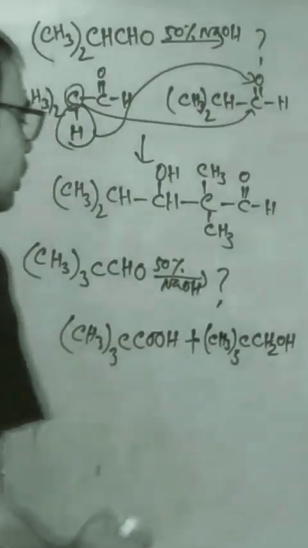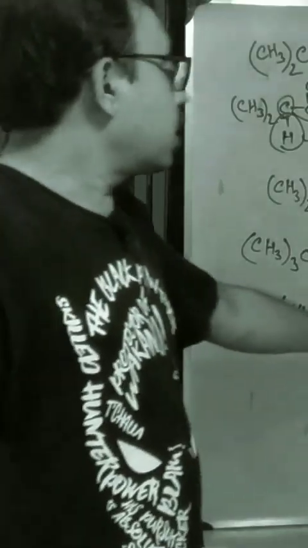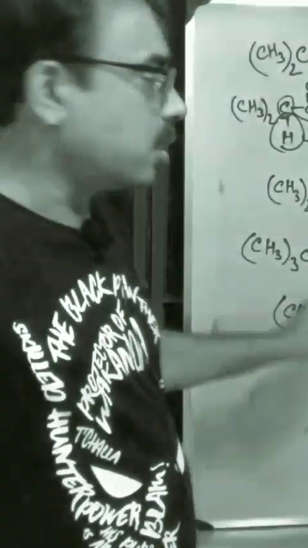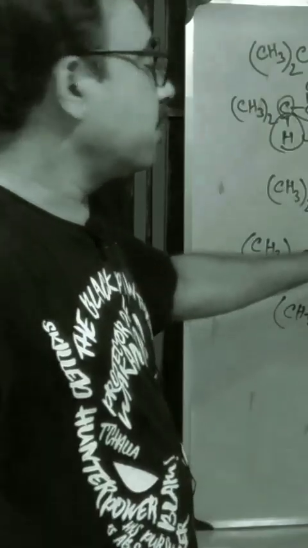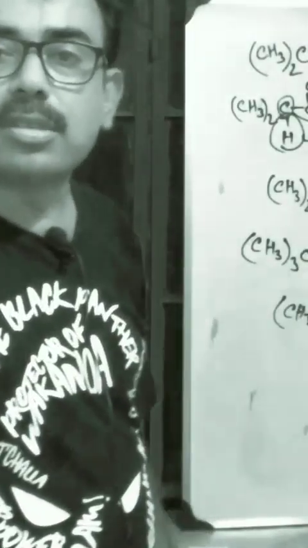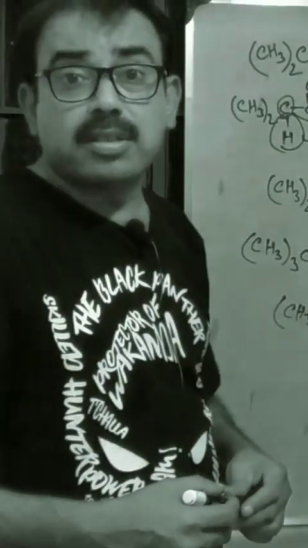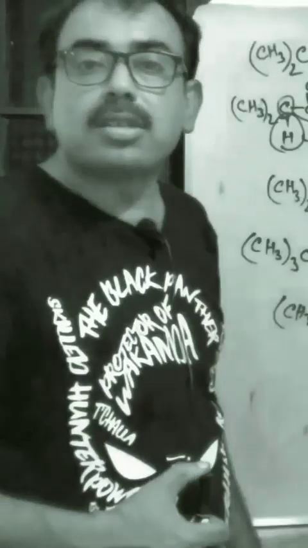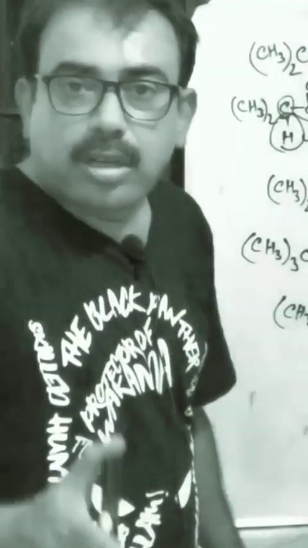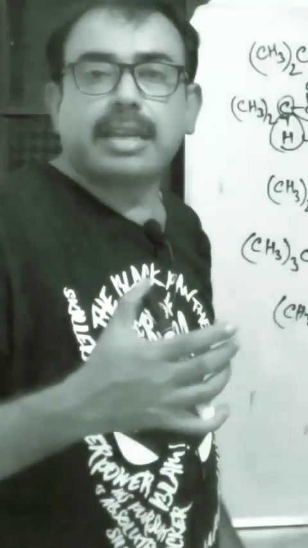This one is the reduced form. So these two compounds will be formed if we treat trimethyl acetaldehyde with 50% NaOH solution. So these were the tricks to easily obtain the products from aldol condensation as well as the Cannizzaro reaction.